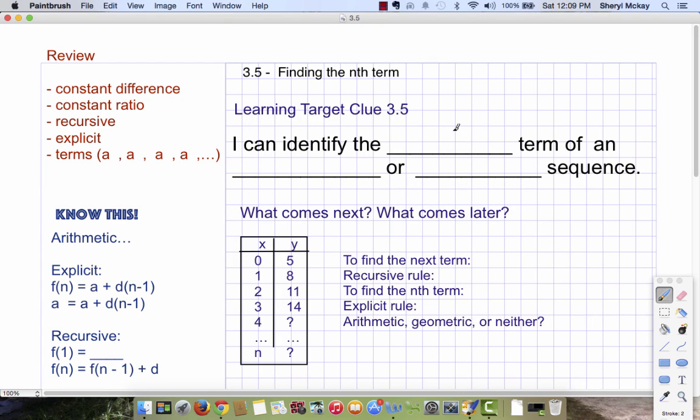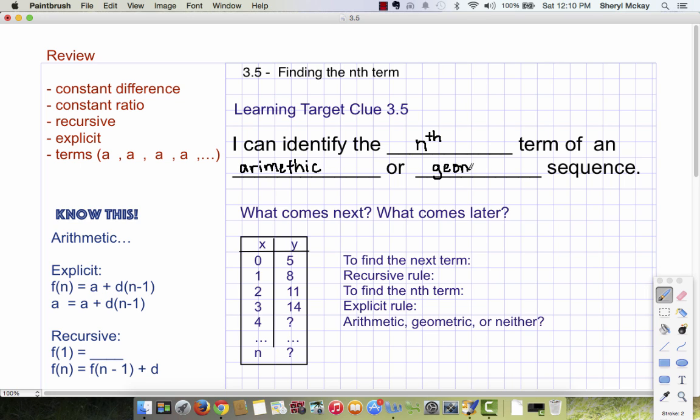We are now on our 5th clue, learning target clue 3-5, and that says I can identify the nth, so you're going to write nth like that, term of an arithmetic or geometric sequence. So go ahead and write these words in the blanks.